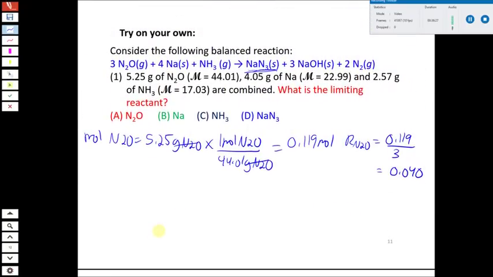Alright, we're going to do the same thing for the other 2 reactants. So next one is sodium, Na. We just use the atomic mass of sodium, which I was kind enough to give you in the problem, so you didn't have to look it up. So it's 4.05 grams of sodium. We use the atomic mass, which is 22.99, to find moles of sodium.